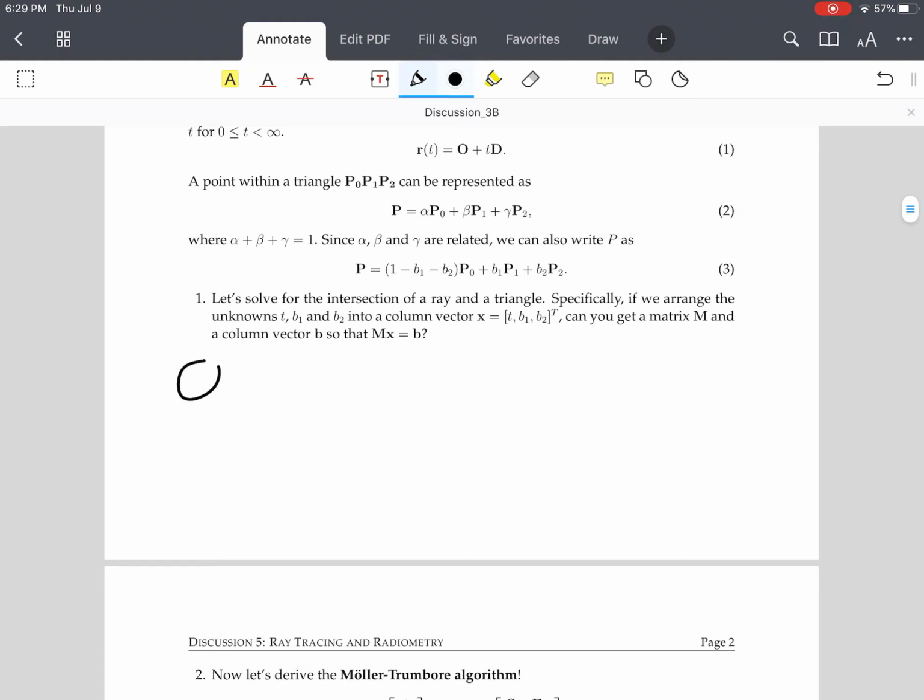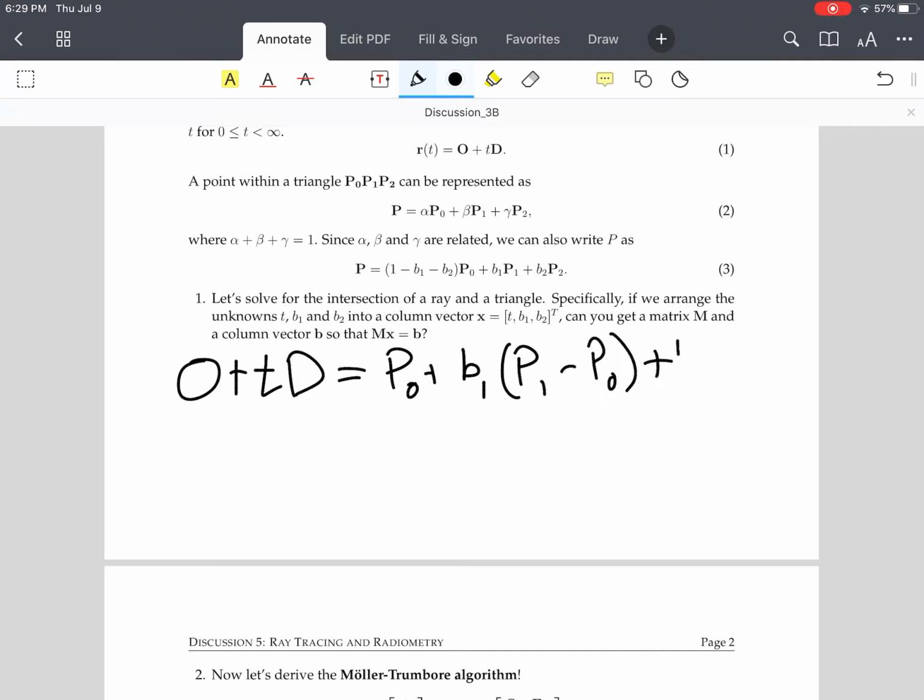O plus tD is equal to P0 plus b1 times (P1 minus P0) plus b2 times (P2 minus P0). The right hand side of this is exactly equation 3, just slightly manipulated. Basically, we just distributed P0 to the things inside the parentheses and then subtracted.